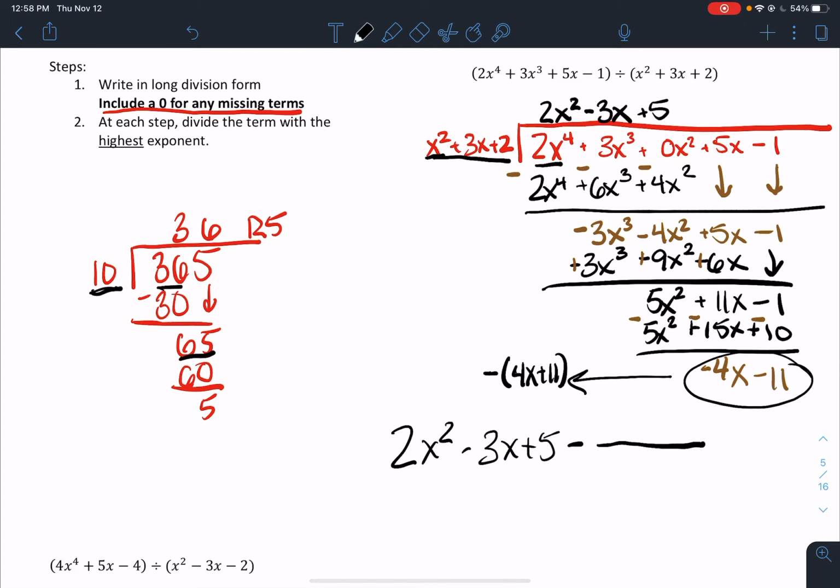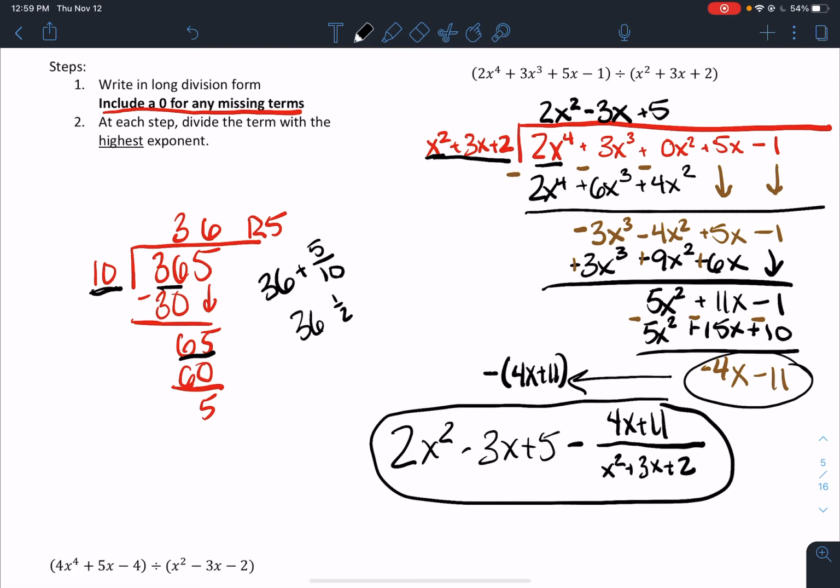It's not actually more or less correct. I'm going to say minus, and then what's my remainder? It's 4x plus 11, and I'm dividing it by x squared plus 3x plus 2. Just like how in the 365 divided by 10 example, it was 36 plus 5 over 10, so that would be 36 and a half, right? Well, same idea here. I can't divide anymore, so I'm just going to leave it as a fraction.